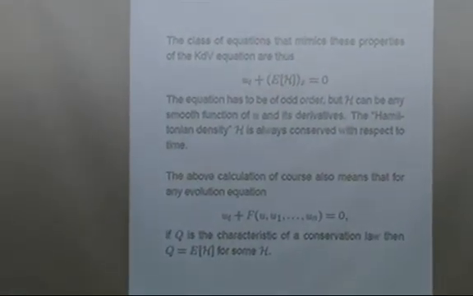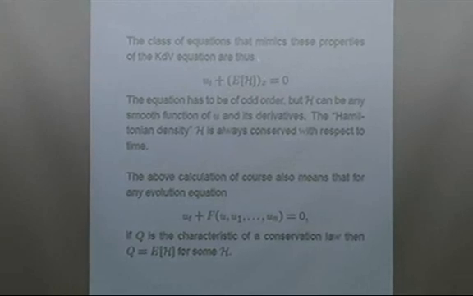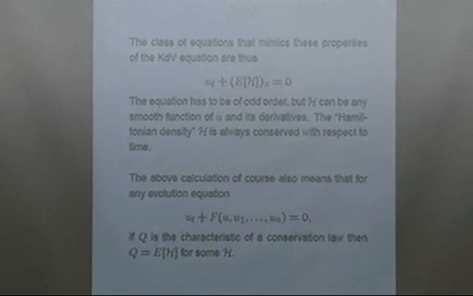So the type of equations that mimic the KdV are like this, in the sense that they have these three conservation laws. They're this sort of form here: u_t plus some Euler-Lagrange equation differentiated by x equals 0. And from the construction that we've done here, we're always guaranteed three conservation laws.